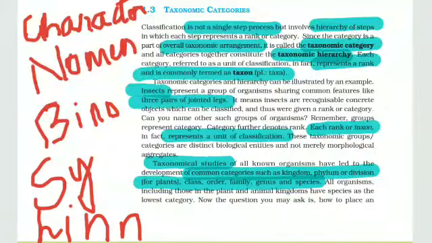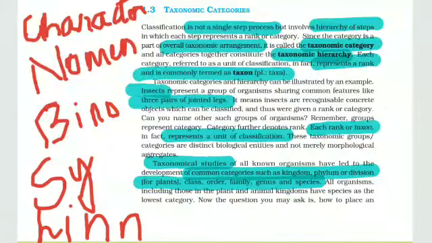So taxonomic studies of all organisms have led to the development of common categories, that is kingdom, phylum, division, class, order, family, genus, and species. All these are the common categories. You'll have to remember this because they may ask you the increasing and decreasing order of common characteristics, and they may show you kingdom, phylum, division, and ask you for the ascending or descending order of the characteristics of the organism.